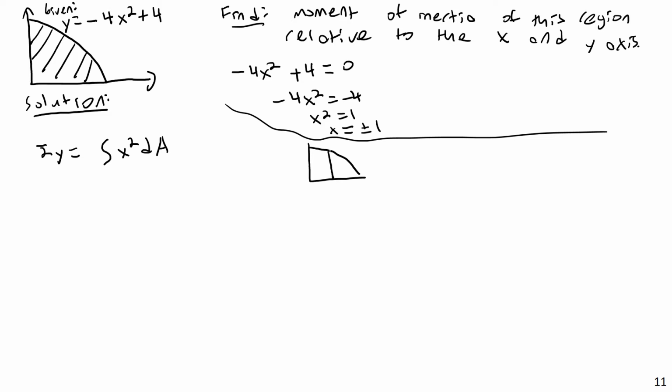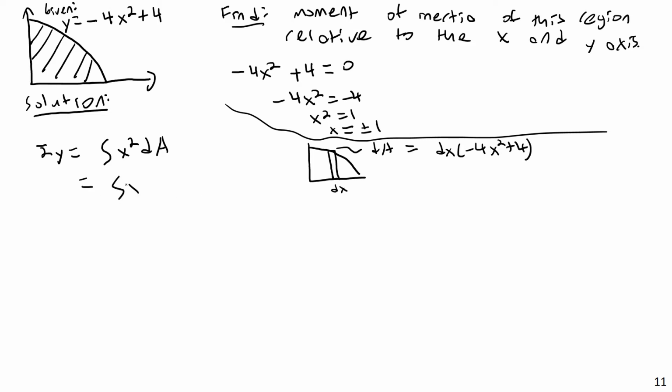I would have a y here, and the dA would be equal to dx times the actual equation, negative 4x squared plus 4.